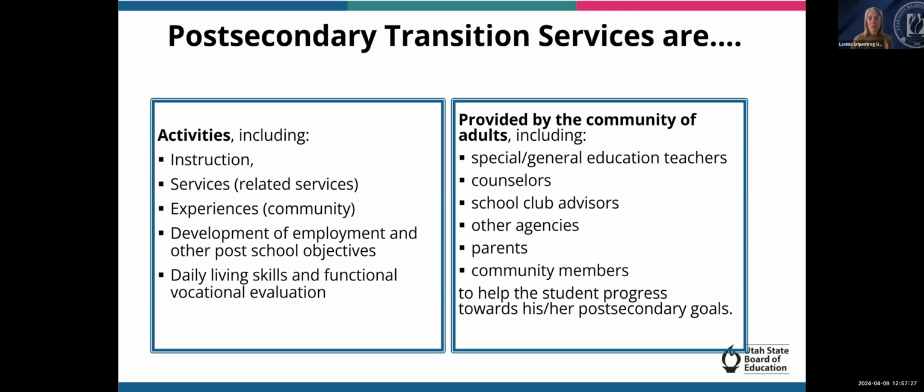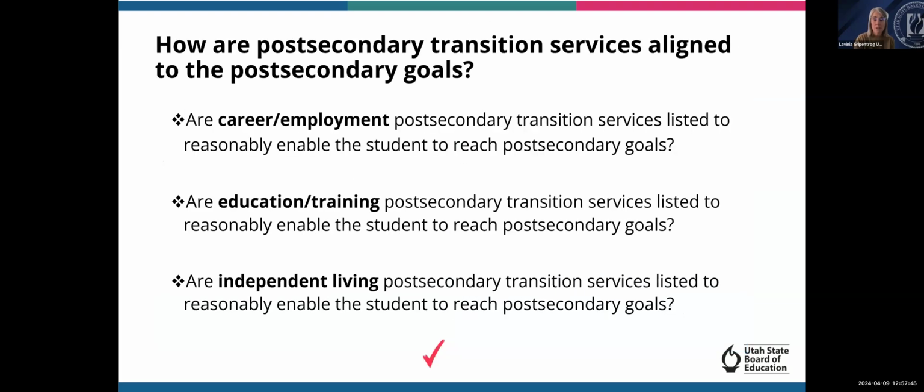Could be a school club advisor. Maybe it's an outside agency. Maybe it's parents or other community members. And all of this is to help the student progress to those post-secondary goals. In other words, getting them closer, providing them actual skills, instruction, and exposure, to hopefully actually reach those post-secondary goals.